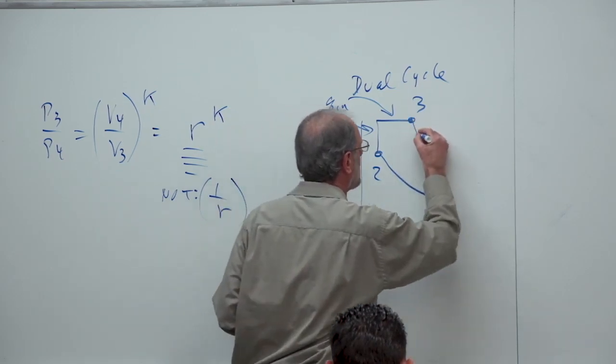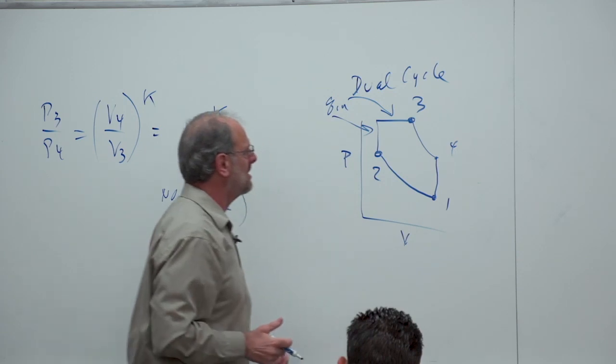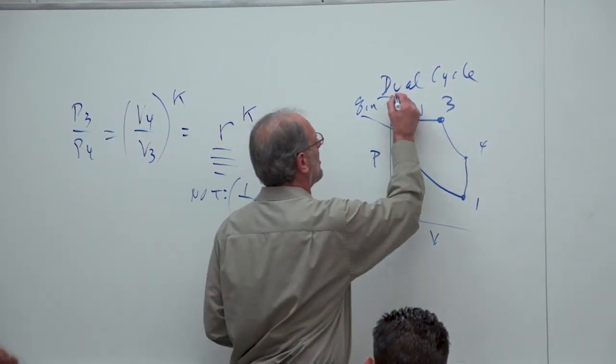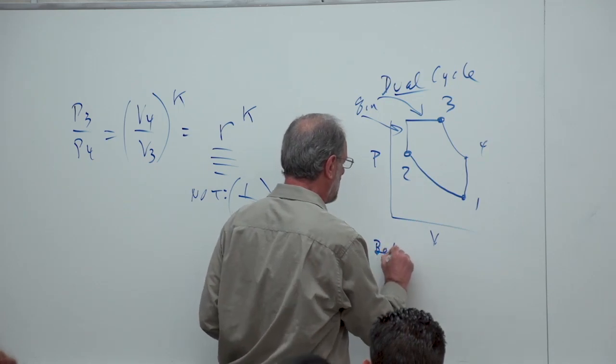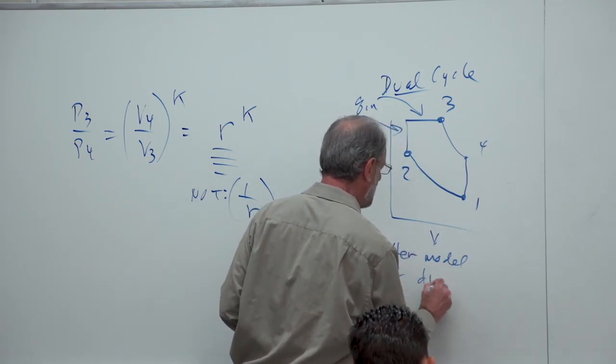And then we would go through the isentropic expansion to point 4, and then ultimately the heat rejection from 4 to 1. So this is called the dual cycle, and it's really a better model for a diesel engine.